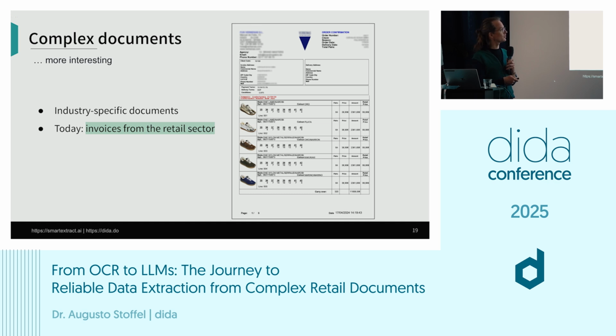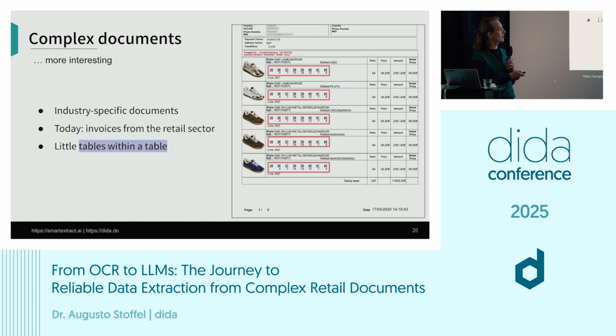They got 64 pairs of this shoe, but then the interesting thing is you get some items that were ordered, but each item has some variations, sizes or colors, right? And this is expressed by a little table within a table. So this is what makes this particular type of document hard for the machine to manipulate, read and understand.